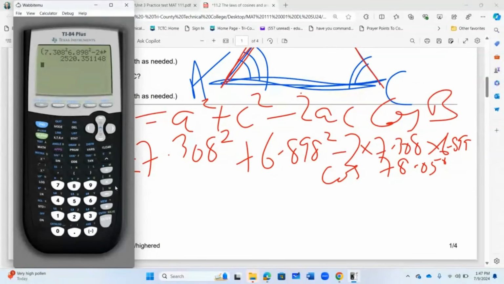All right, I see where it doesn't make sense. I'm going to bring this down because this should be plus, because I got a whopping number. So I'm going to bring down, second enter.